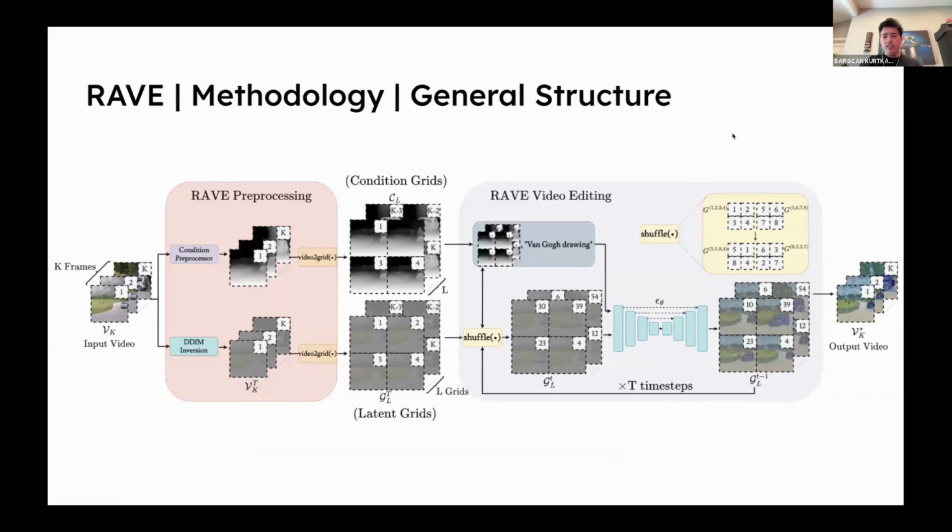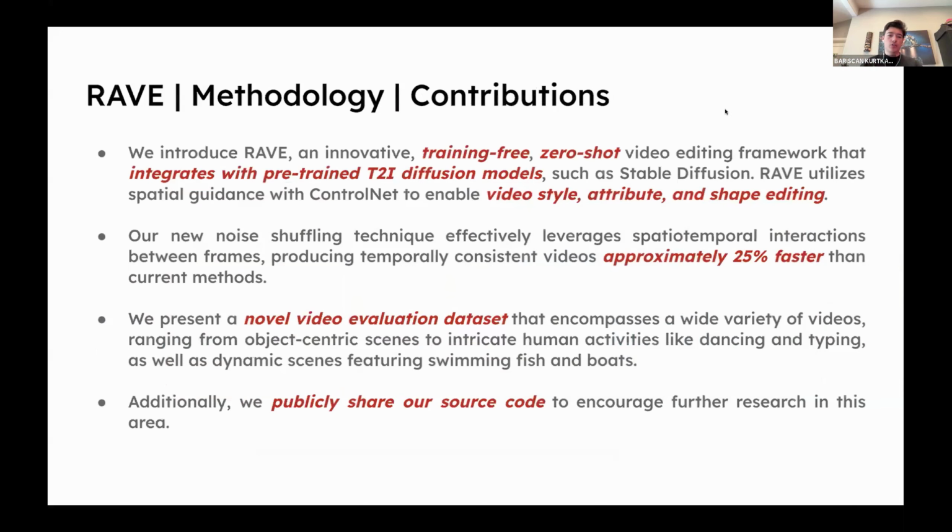So the general structure is basically like this. As I mentioned, we have a pre-processing part, and we are constructing grids, and then we are doing shuffling through whole time steps and get the solution. Our contribution is that we are training free, zero shot, and it can be used in all of the pre-trained text-to-image diffusion models instead of LoRAs, and also ControlNet will enable video style, attribute and shape editing.